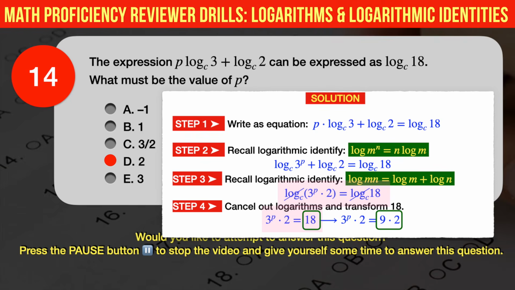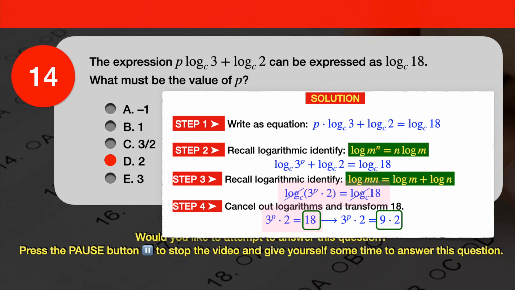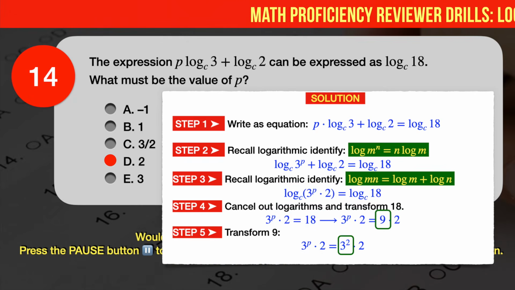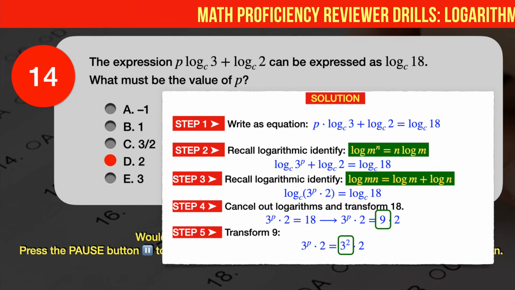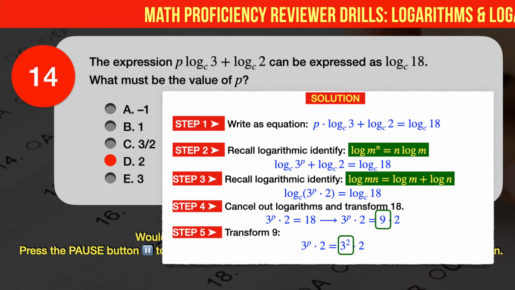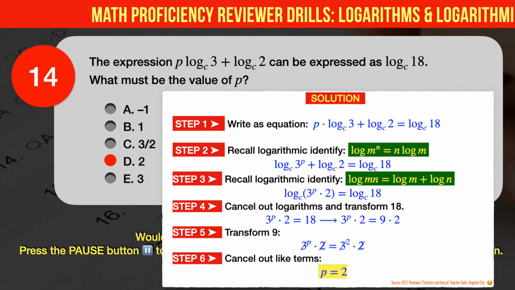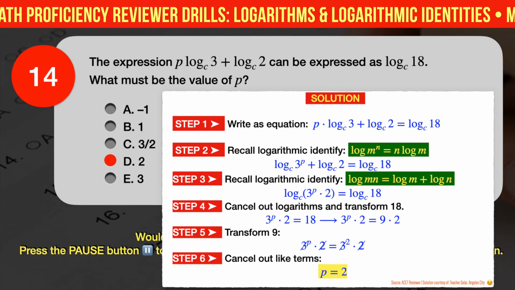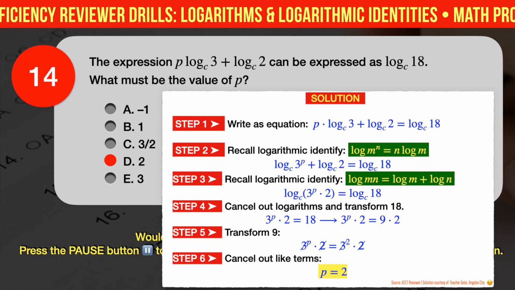What remains of the equation is now simply 3 raised to p times 2 equals 18. And then on the right side of the equation, we can actually express 18 as 9 times 2. And then we can express 9 as 3 squared. Can you see how both sides of the equation are now almost identical? For our final step, all that remains is to cancel 3 and 2 from both sides of the equation, leaving us with p equals 2.